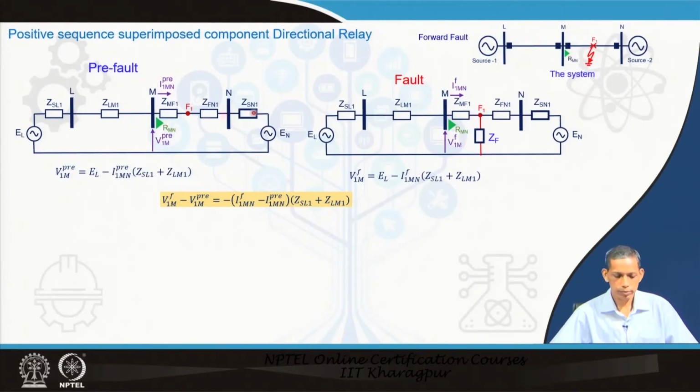This is the pre-fault sequence diagram, balanced condition, positive sequence diagram only. This is the relay bus, with the pre-fault current through the relay observed by the relay, V1M the pre-fault positive sequence voltage at the relay, and I1M the positive sequence current.